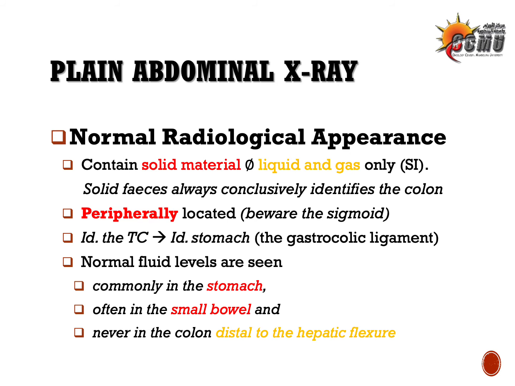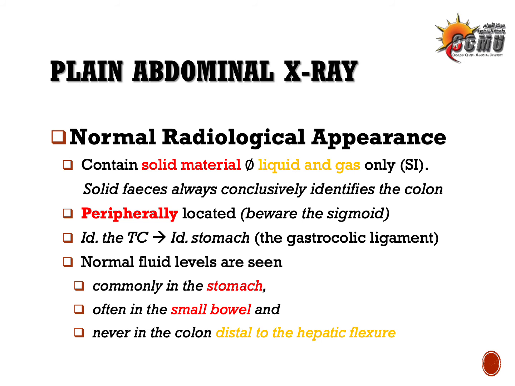We don't see solid material like we can see sometimes, or yeah, I mean, it's uncommon in the large bowel. So any solid shadow within the large bowel usually denotes feces, and this is exclusive for colon or colonic segments or large intestine.